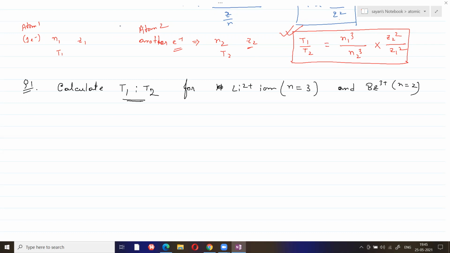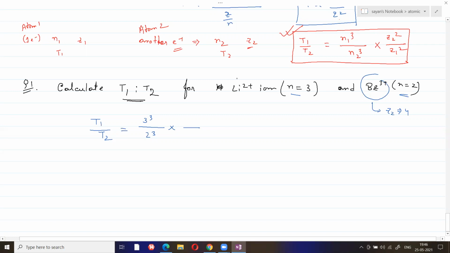Sir, I think the answer is 3 is to 2. Okay, just check. So T1 by T2: the n1 value is 3 cube, the n2 value is 2 cube. What is the Z value for beryllium?